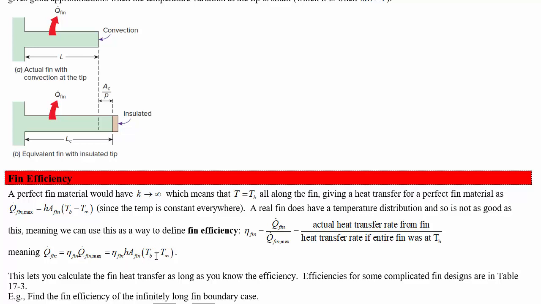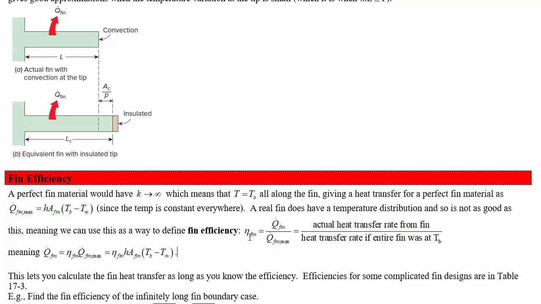So there's probably a balance for that. You don't want to use a whole lot of material, but you want to have a lot of surface area still, and that means that generally your fins are going to be pretty thin and have non-perfect efficiency as a result.